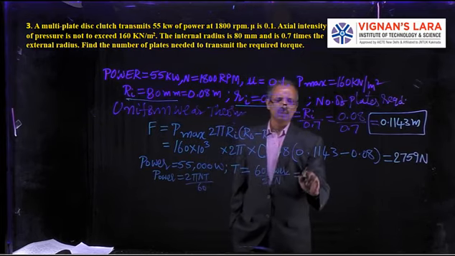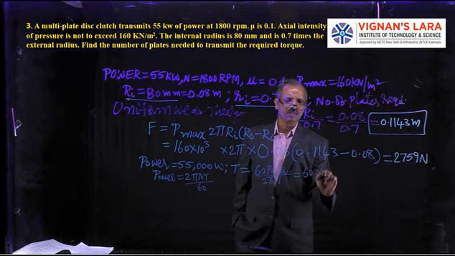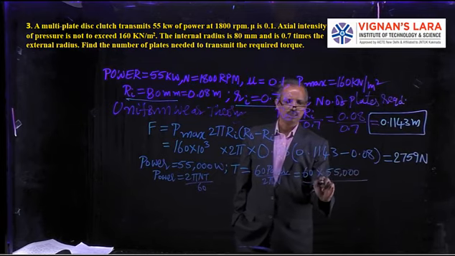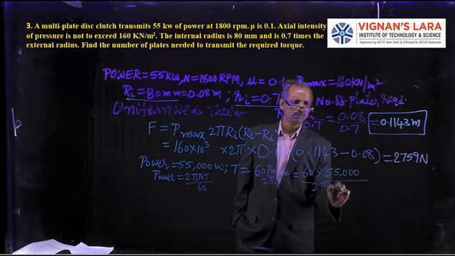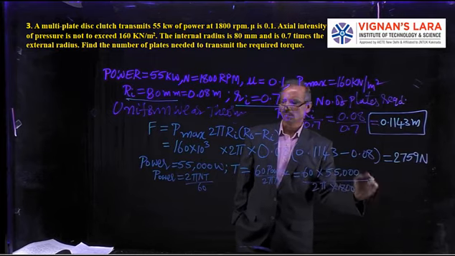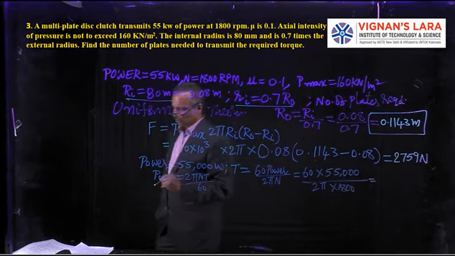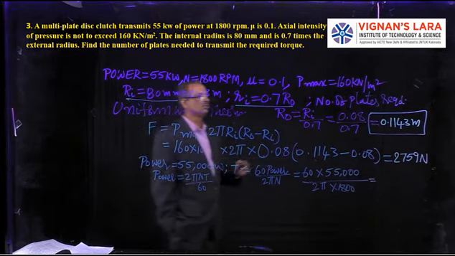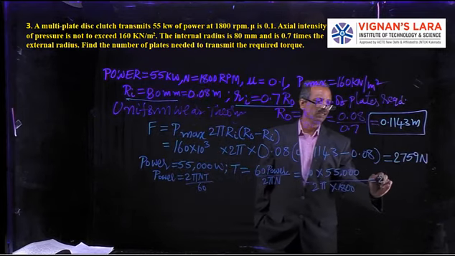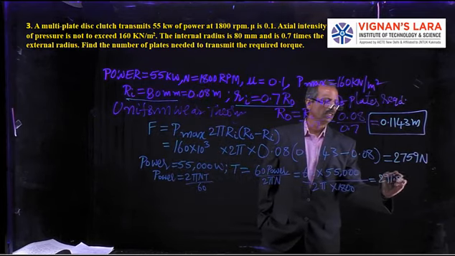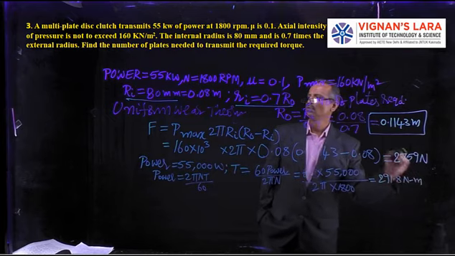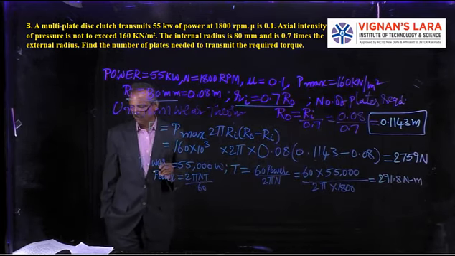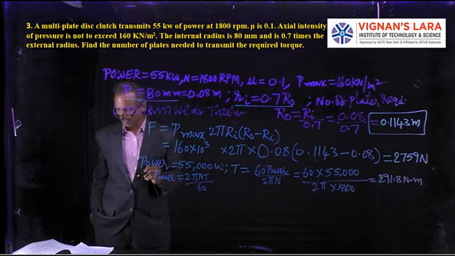So what is power in our case? 55,000. And what is n? 1800. So I get my torque. What is the torque value? By substituting your data, you get 291.8 Newton meter.